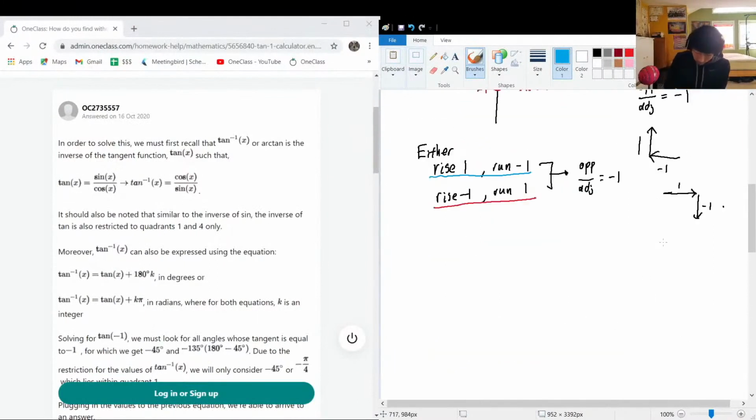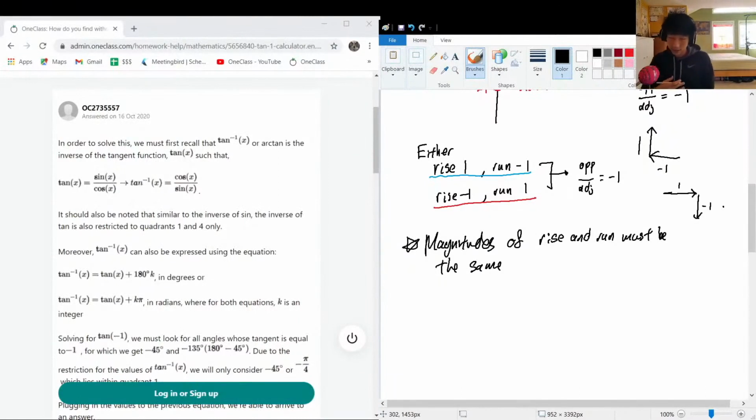So any triangle that looks like this, or I'll actually write out that the magnitudes of rise and run must be the same.